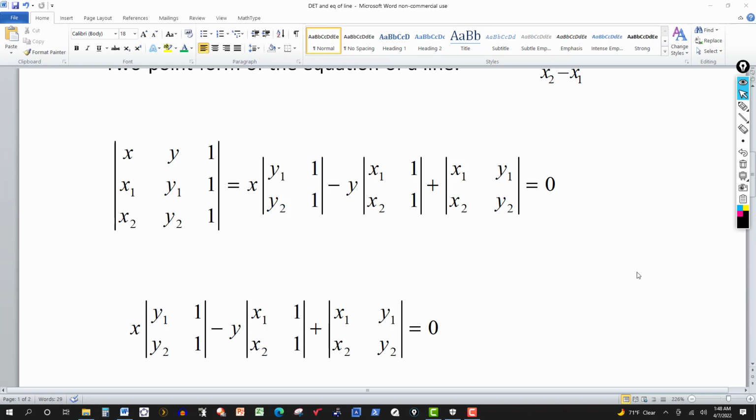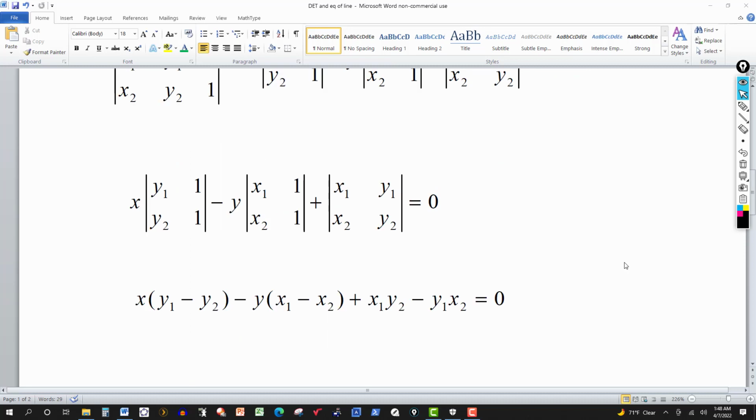So that's how we're getting the next one over here that I have. Cross multiply, subtract. We get this right here. Minus y1, x1 minus x2, and then x1, y2 minus this product. You can write this as y1, x2, or x2, y1. The order doesn't matter since it's multiplication.